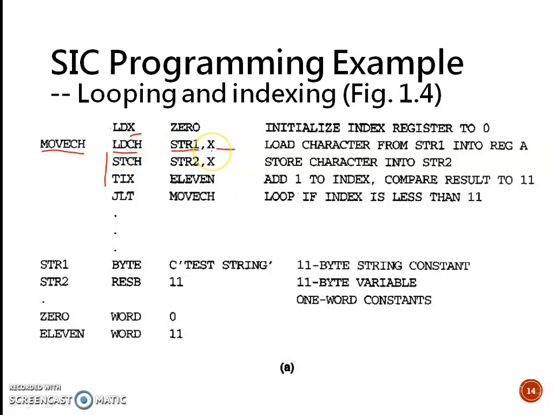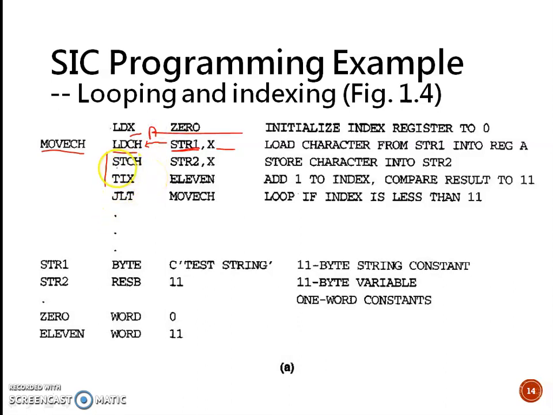Okay. LDCH STR1 comma X, which means that some value is stored in STR1 which needs to be loaded to accumulator.